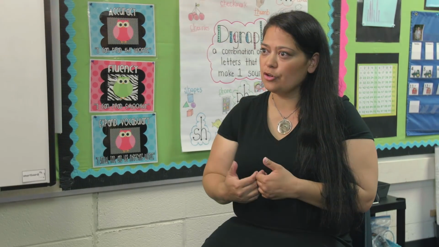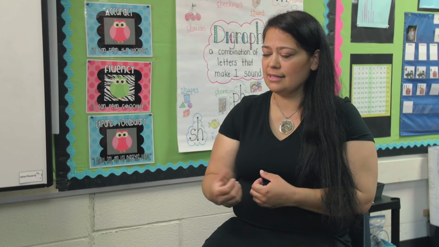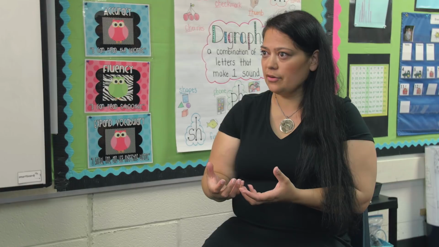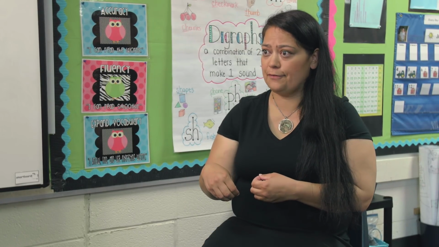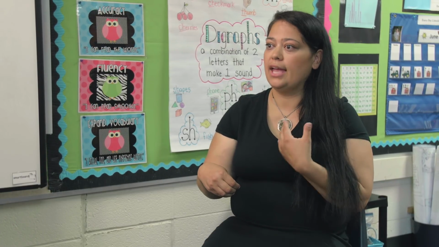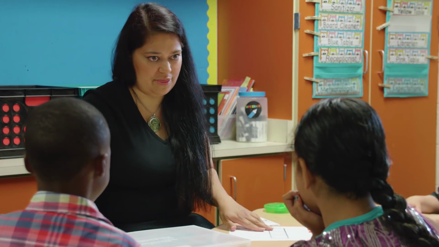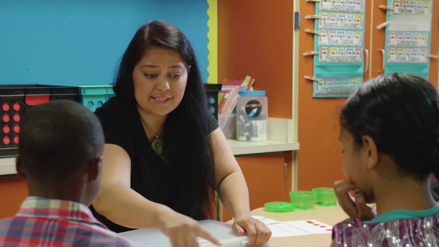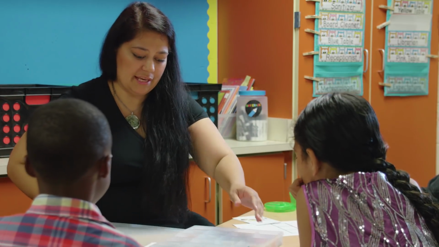Then they're going to try and connect those sounds to a letter that represents that sound. So if they are hearing the f first and they know that that beginning sound is f, then they're going to look and try and figure out what letter represents that sound f and know f. So then they can put an f down. We are going to now try and connect the letters that belong with those sounds. So we know we have 3 sounds, but now we need to figure out what letters go in that place.